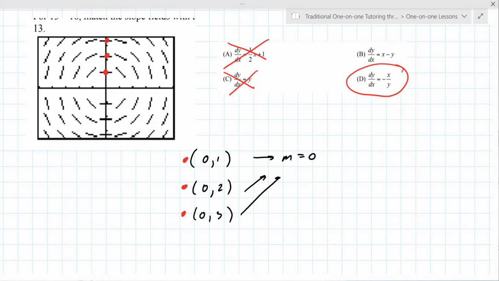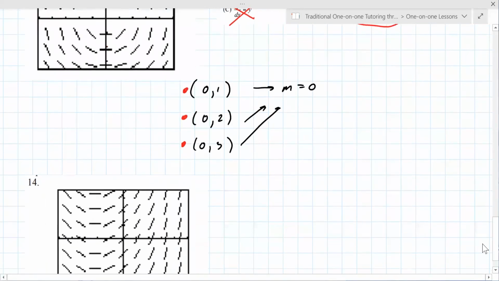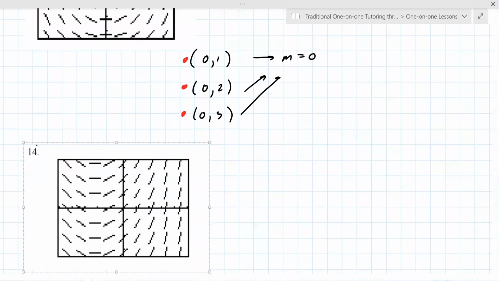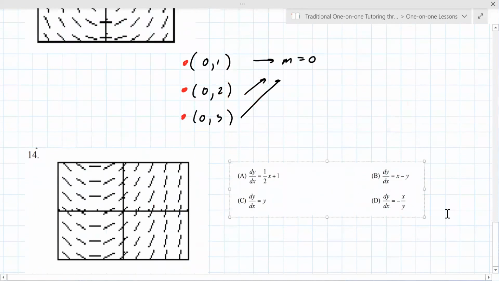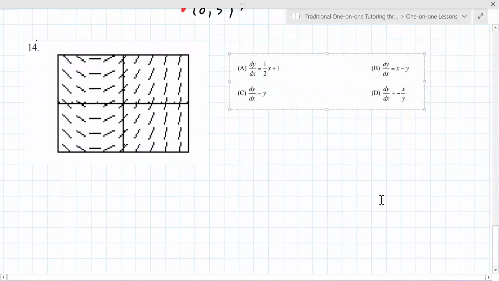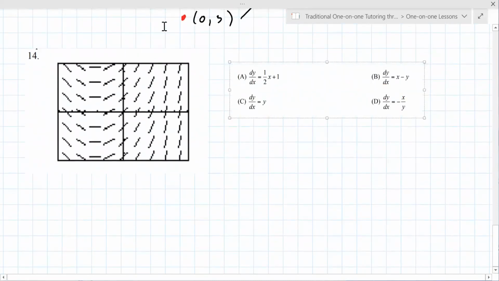So let's continue. Let me grab the answer space. Okay, so again, I would look for nice points, something along here, or maybe something along here, although sometimes it's hard to tell if that's 1 or the one to the right of it.